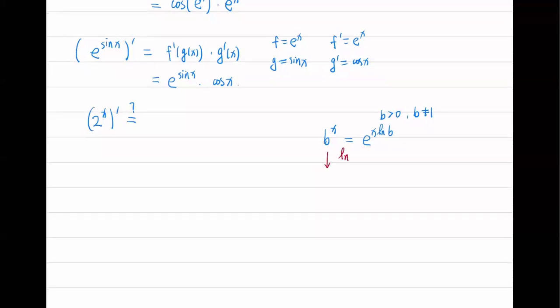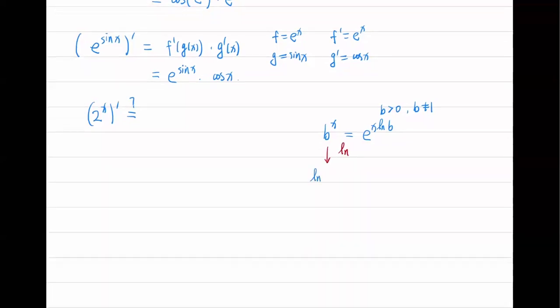Okay, Sophia, what's the natural logarithm of the left-hand side? x natural log of b. Okay, x natural log b. And Zichen, what's the logarithm of the right-hand side?